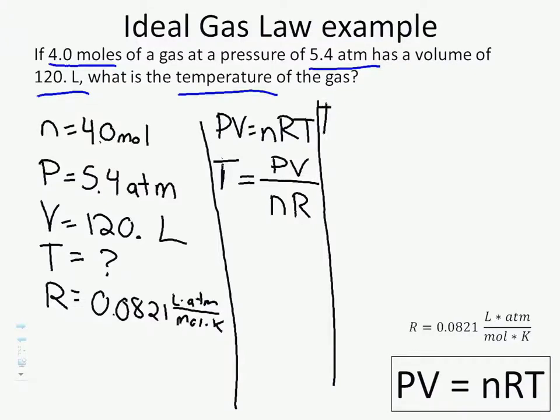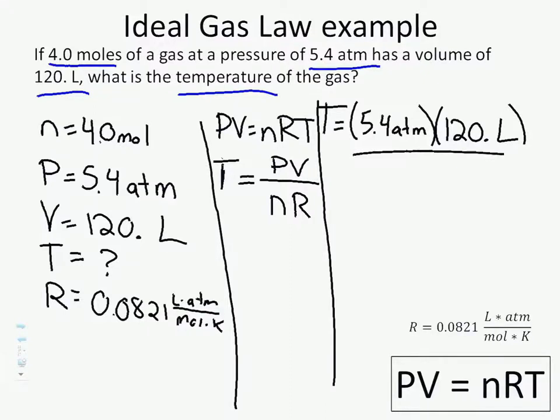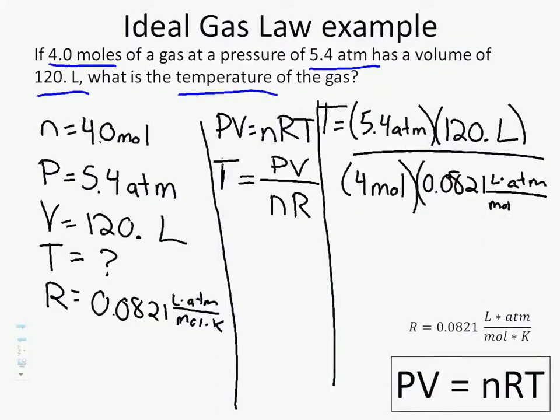Okay, so temperature equals pressure, which is 5.4 atm, V, which is 120 liters, okay, n, which is 4 moles, and R, which is 0.0821 liters atm per mole Kelvin.